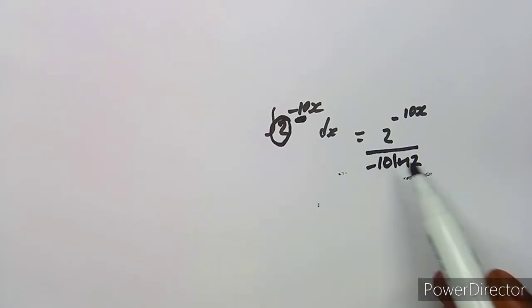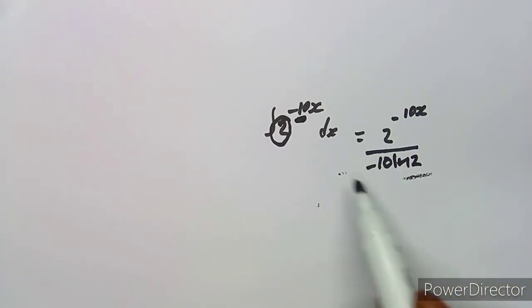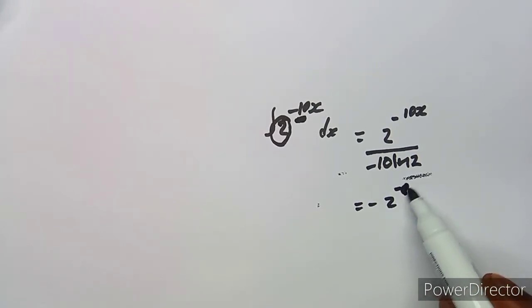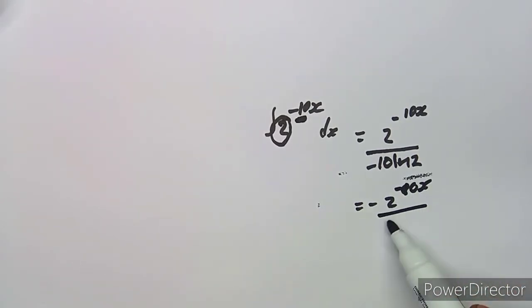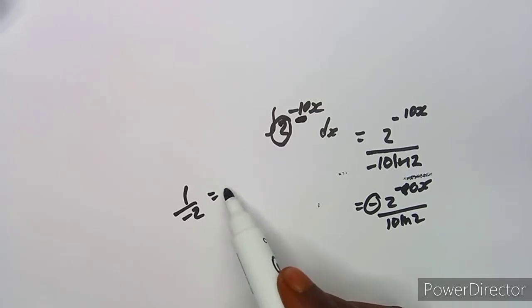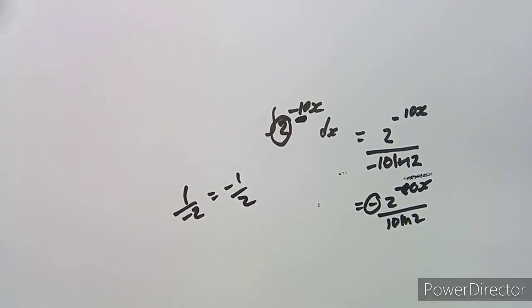So that's what you're going to have, of which you can just write the negative on top, negative 2 to the exponent of negative 10x over 10 ln 2. Remember, just like 1 over minus 2 can be written as minus 1 over 2. It's one and the same thing.